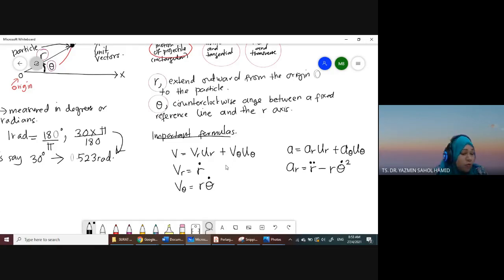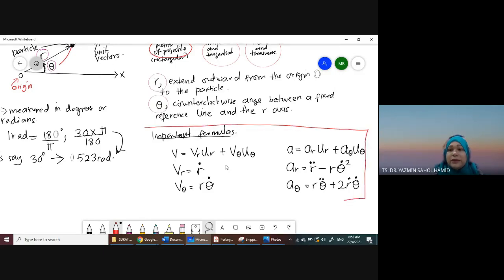And then one more formula is A theta equals R theta double dot plus 2 R dot theta dot. So these are the important formulas that you need to remember for this topic. Let's circle these important formulas.